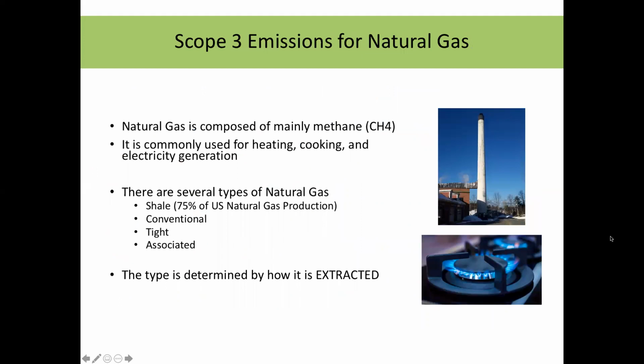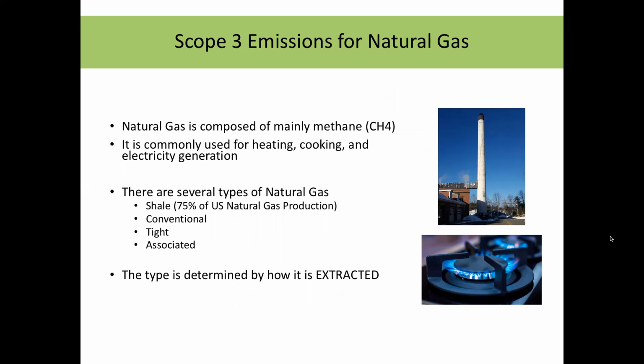And now I'm going to move on to natural gas, which is composed mainly of methane. It's commonly used for cooking, heating, electricity generation, and also in cogeneration plants like the one here at UNH, which is pictured on the right.